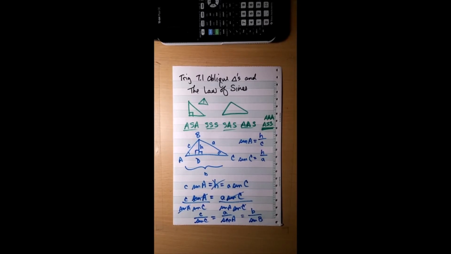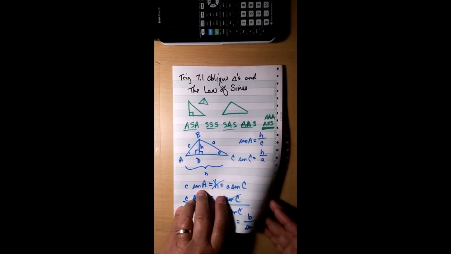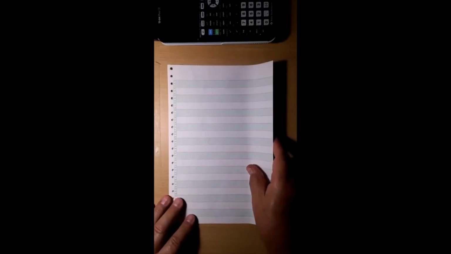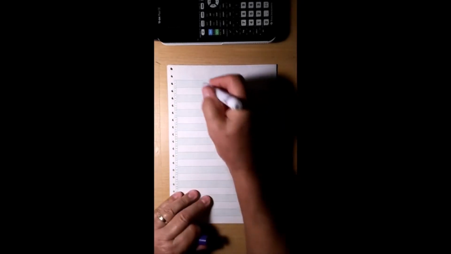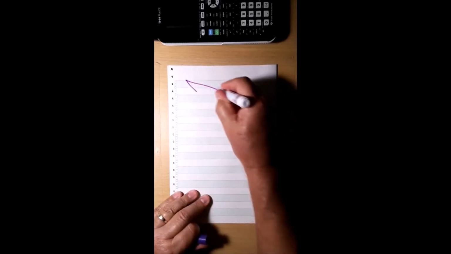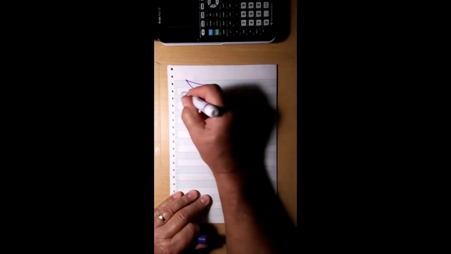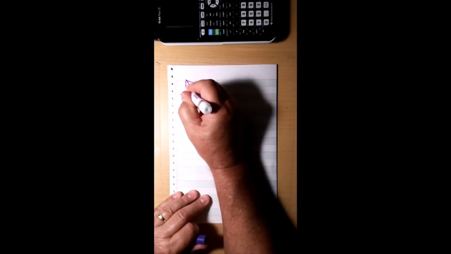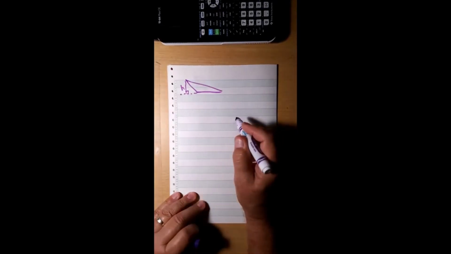Now you might say to yourself, well, hold on. Just suppose that that height is outside. In other words, let's suppose that our triangle is like this. And now for this extended side, this height perpendicular is h.